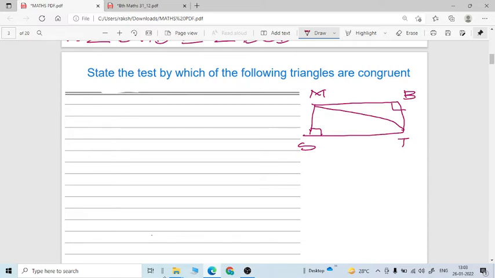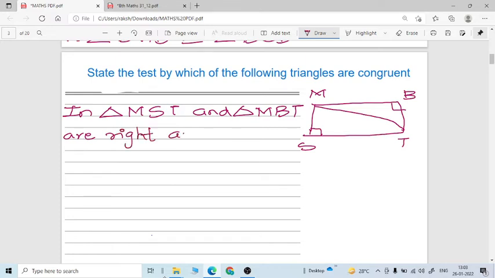Right angle triangles are forming, as you can name, that is triangle MST and triangle MBT, which are right angle triangles.